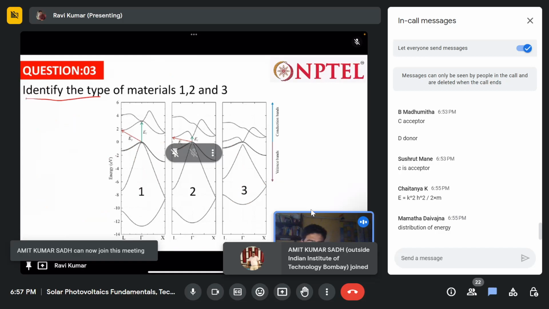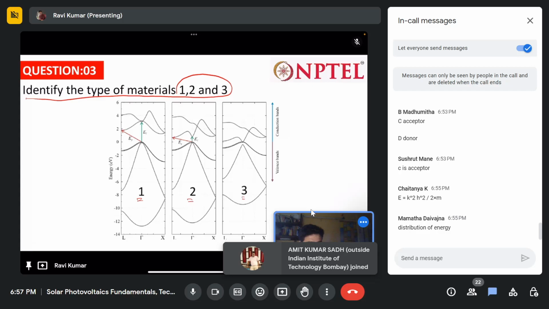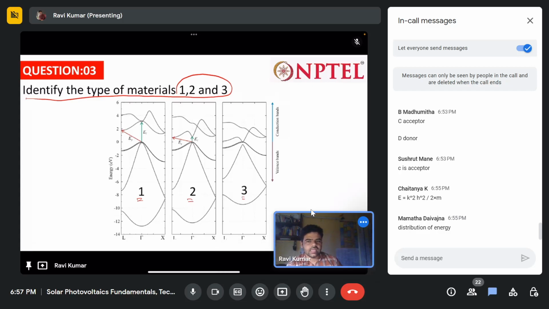Identify the type of materials 1, 2 and 3. You just need to identify the type of material. We just studied the types of material: semiconductor, insulator and metal, so conductor, semiconductor and insulator.